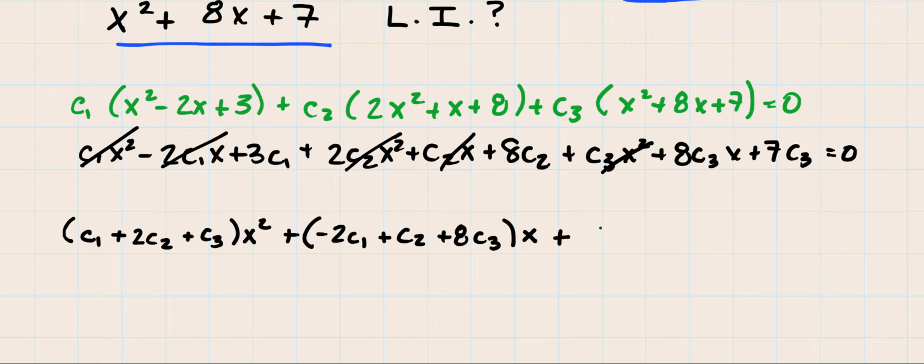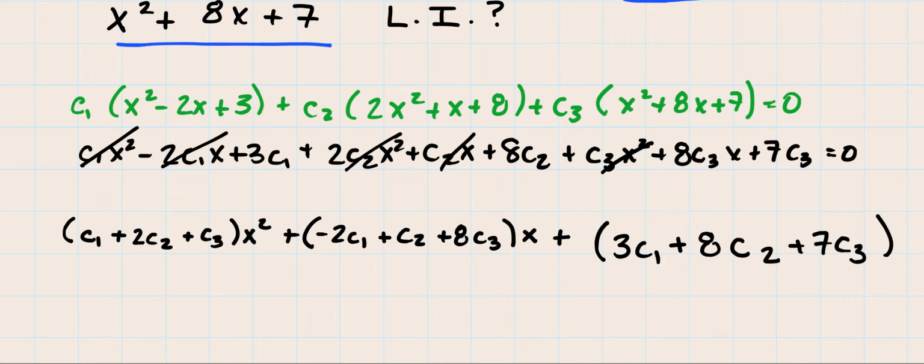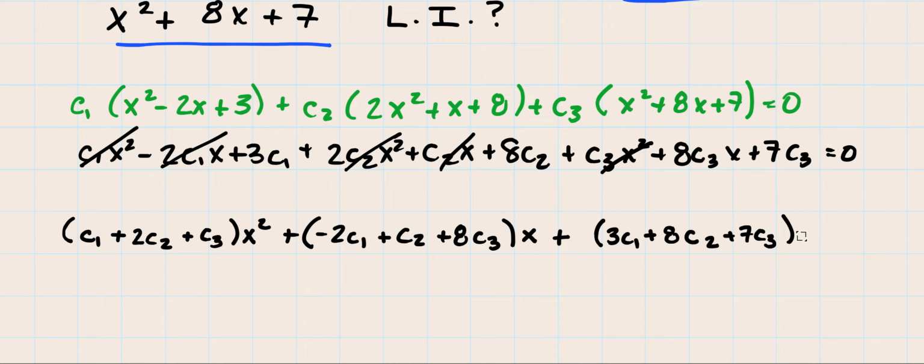And then all of the numbers together: 3c1, 8c2, and 7c3, times 1. That is equal to 0.